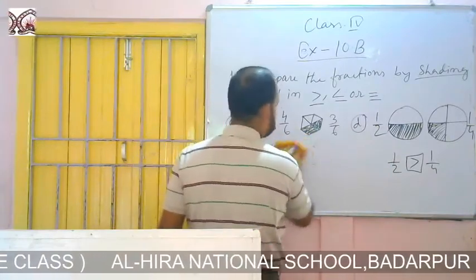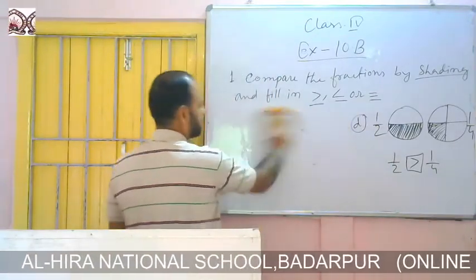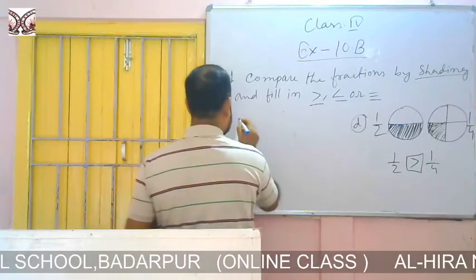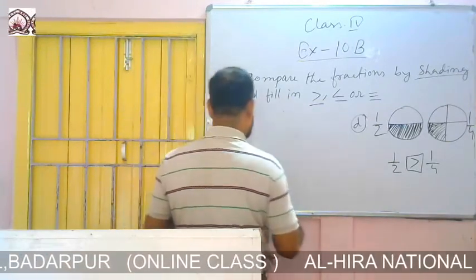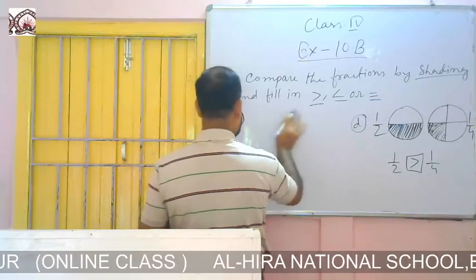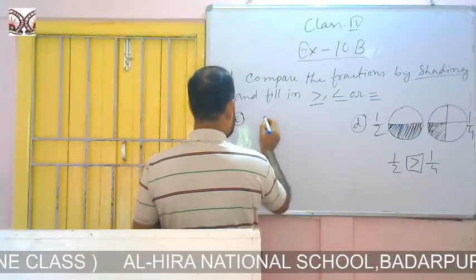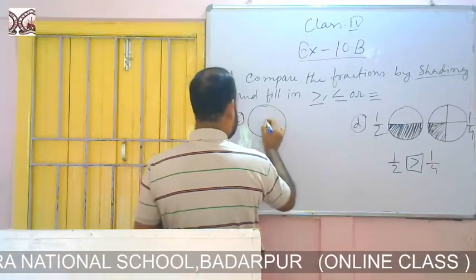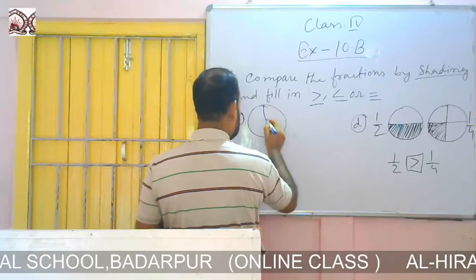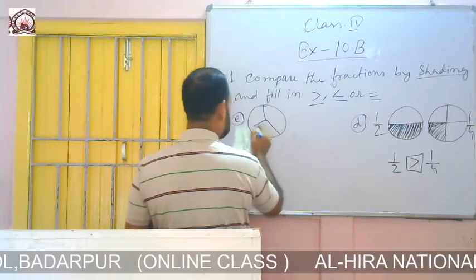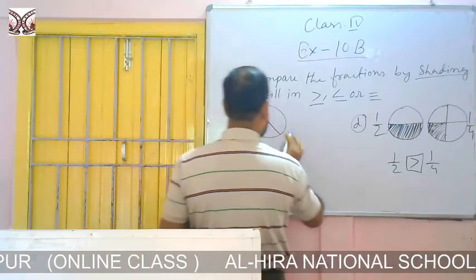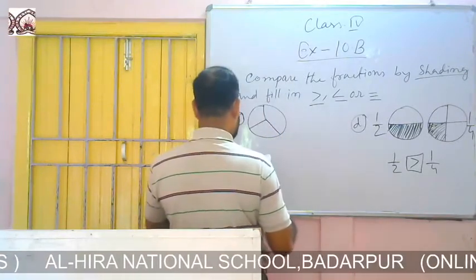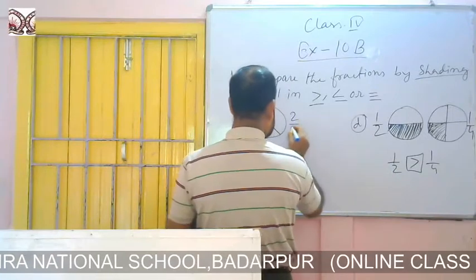Next, question number E. One circle, we divided equally into 3 parts, and the fraction is 2 by 3.